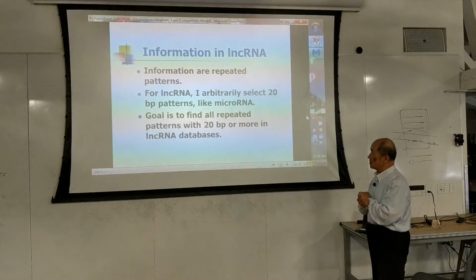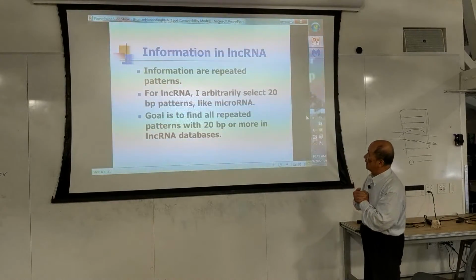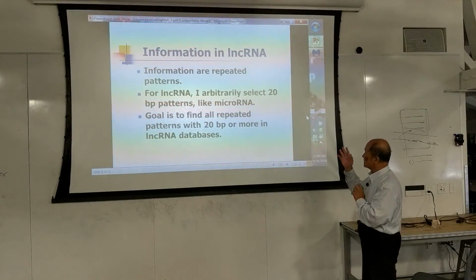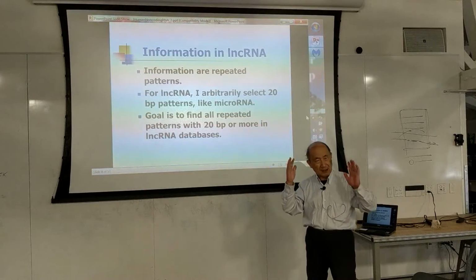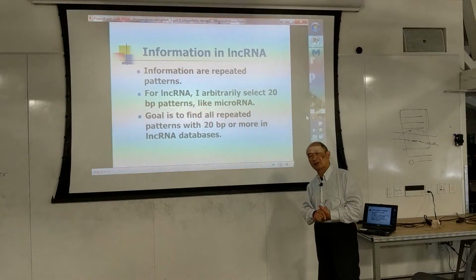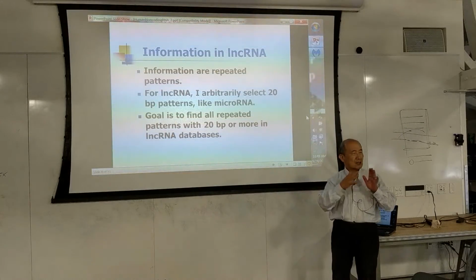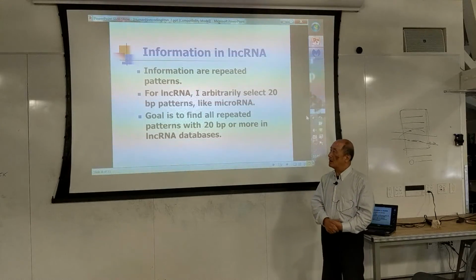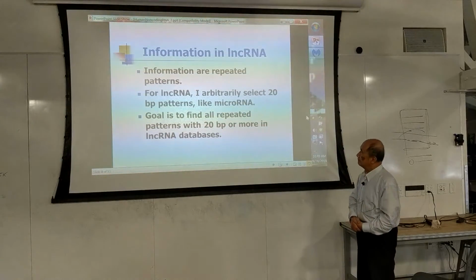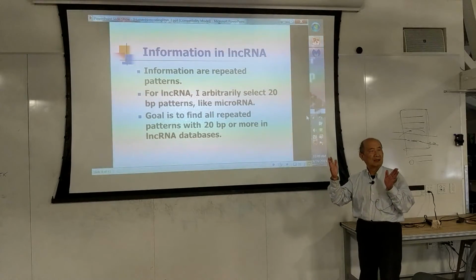So for the long non-coding RNA, I arbitrarily selected 20 base pair patterns. I said, well, if I'm looking for information, how do I start? To start with, I'll just look for patterns that are at least 20 base pairs long.